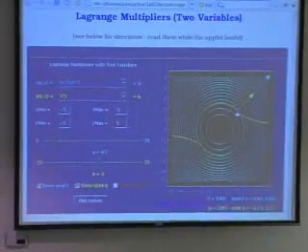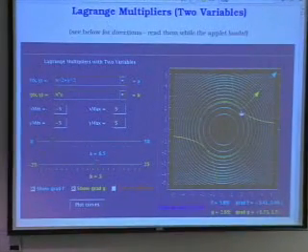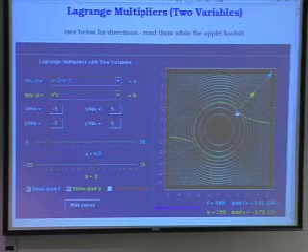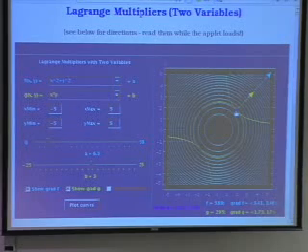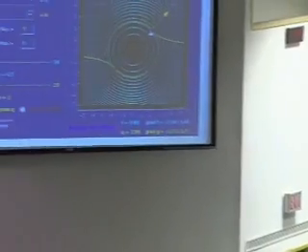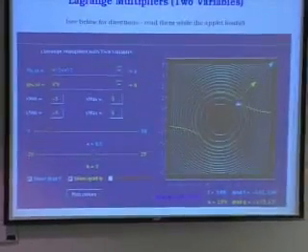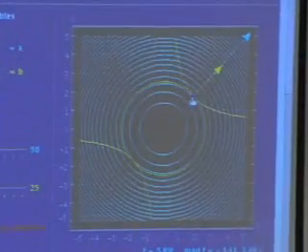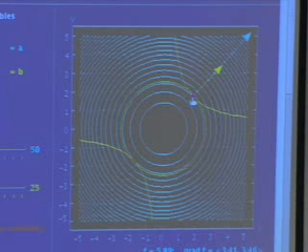Yes? If you're trying to find where the hyperbola and the circles intersect, why can't you just set the two functions equal to each other? Well, because actually they are not equal to each other. If you look at this point where the hyperbola and the circle touch each other, first of all, I don't know which circle I'm going to look at. I'm trying to solve actually for the radius of the circle.